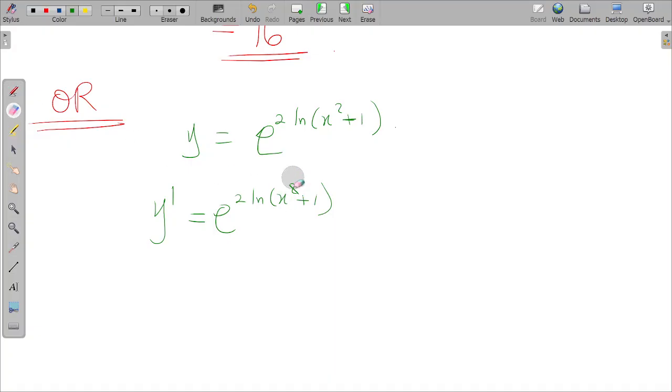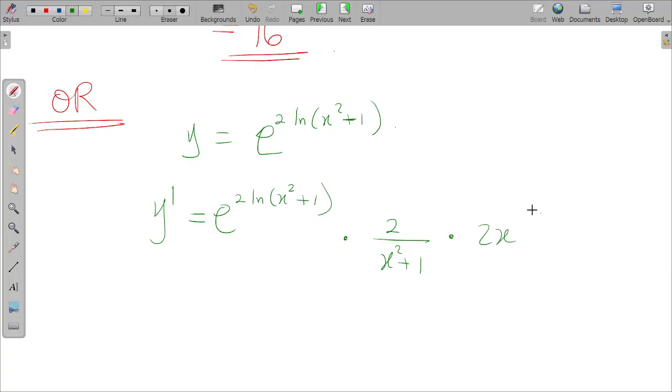Okay, this is 2. Multiply by the derivative of the power. What is the derivative of the power? It is 2 over x squared plus 1 multiplied by the inside 2x.